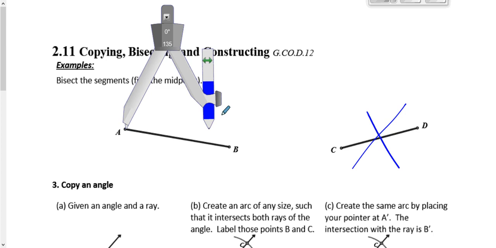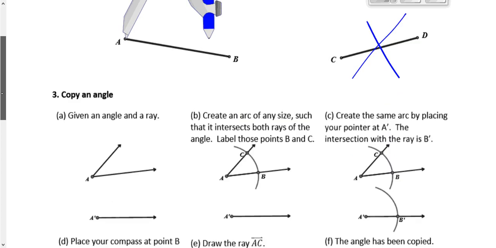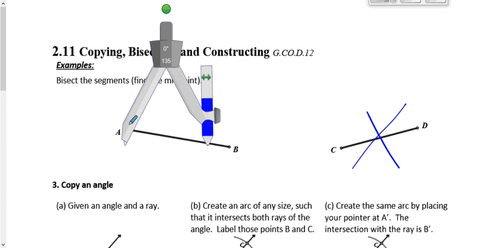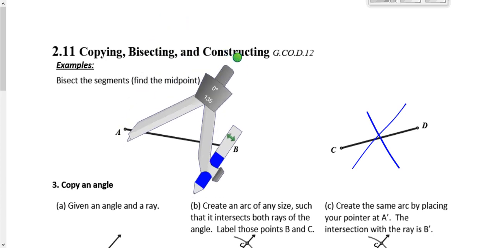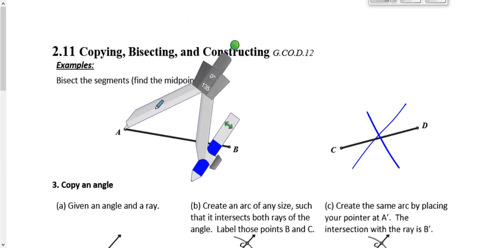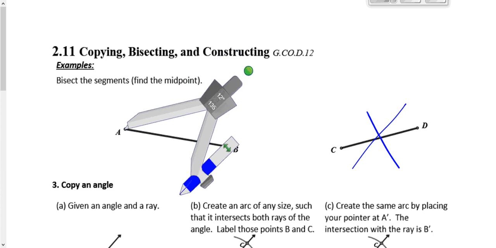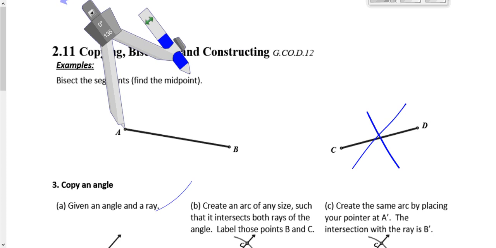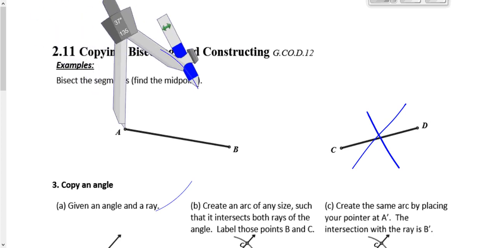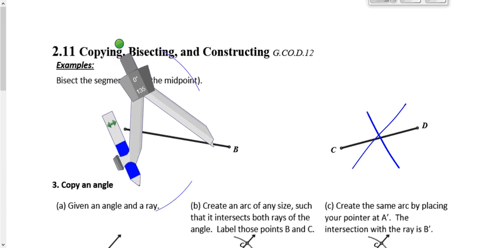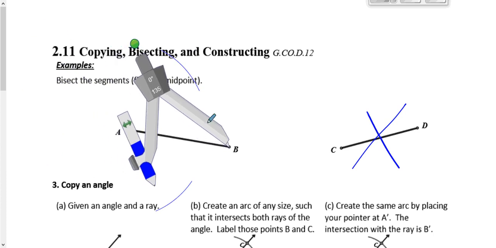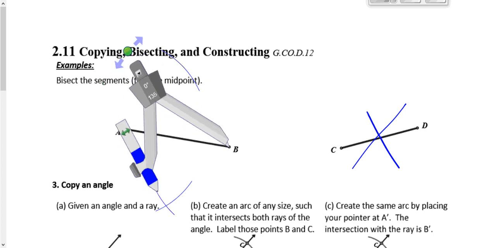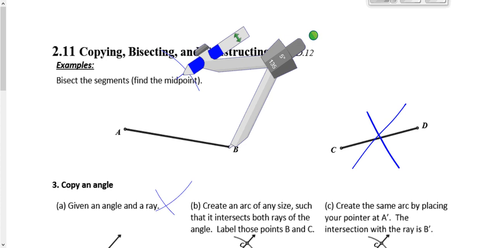So I'm just going to kind of arc down there and come back around, see what I'm doing? Flip it around, and so I just get my intersecting points now because we know how to do this, right?